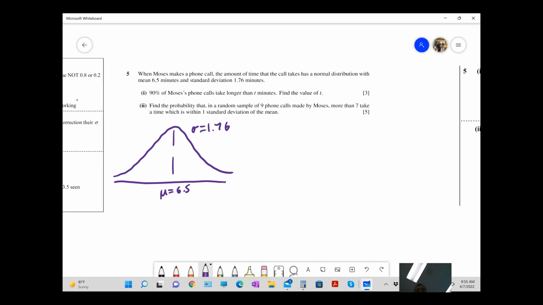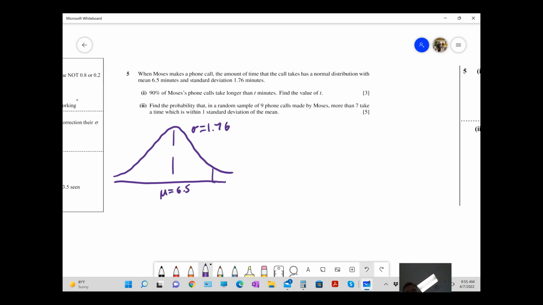Now, part I is the first part of the question we have to interpret. It says 90% of Moses' calls take longer than T minutes. Look, you see this T here? Longer time is this time. Would that be a good representative? Would this area represent 0.90? No. So where would you put that T if you wanted to represent 0.90?